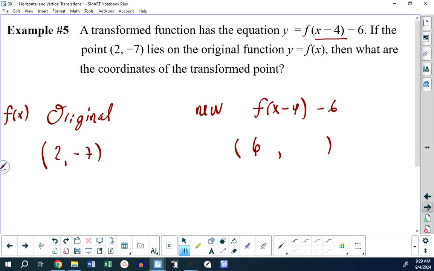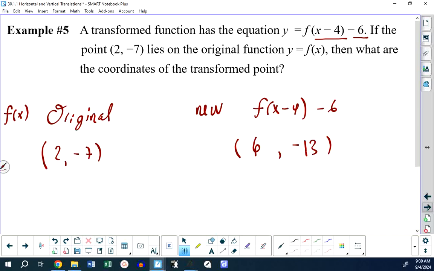Because to the right means increase x by whatever that number is. And I could look up here and say this negative 6 means I'm going to shift things down 6 units. So I could take the number negative 7 and take 6 away from it and get negative 13. And would you be in agreement on those numbers?